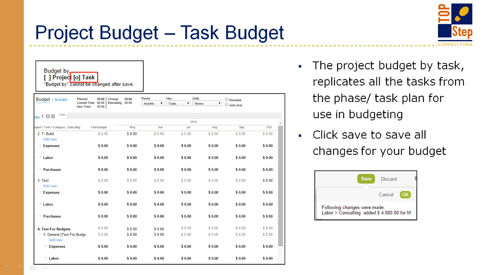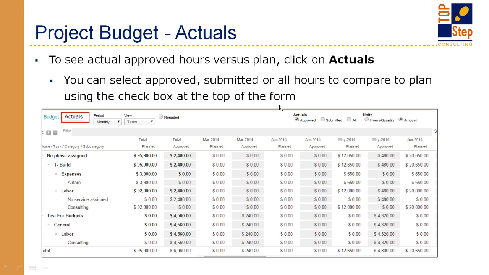The last thing that's interesting about this feature, and the thing I find most interesting, is that we have this budget tab, which is what we were just looking at, and then we have actuals. After you enter your budget, you can click on actuals and it will pull in your planned versus your approved or submitted or all actuals.